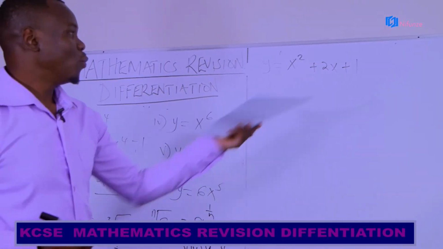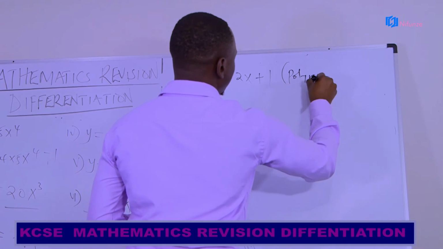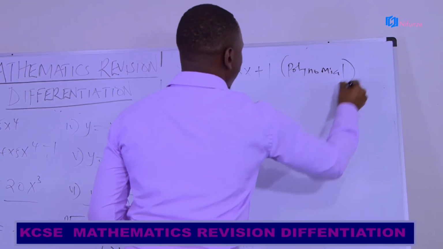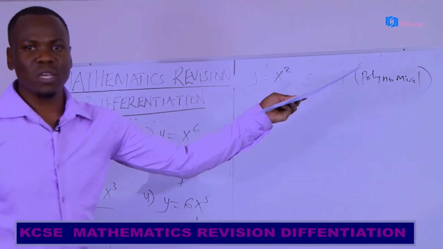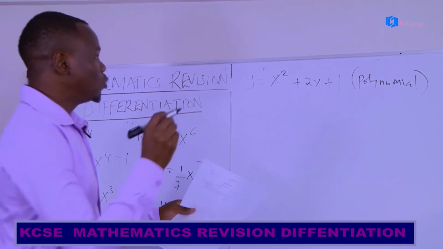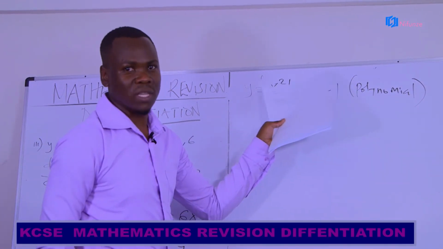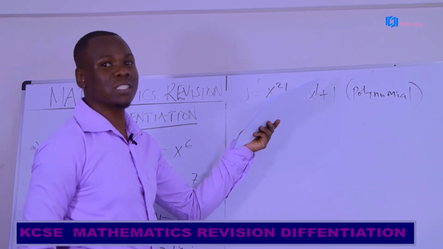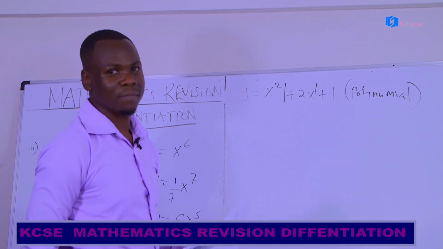So here we call this a polynomial. Poly means many. So in this case, we have many terms in this particular equation. So how do you differentiate it? You do it by differentiating the individual components or the individual terms of the equation. So you will differentiate x squared, you differentiate 2x, you differentiate 1.